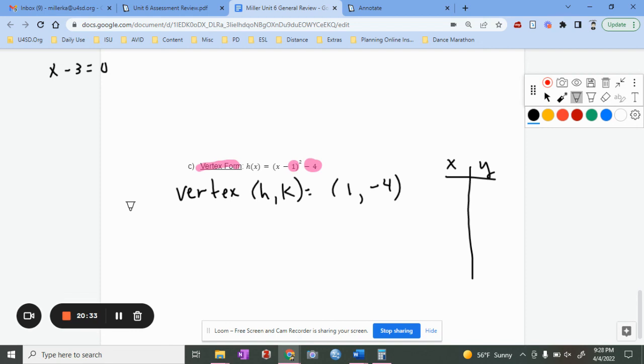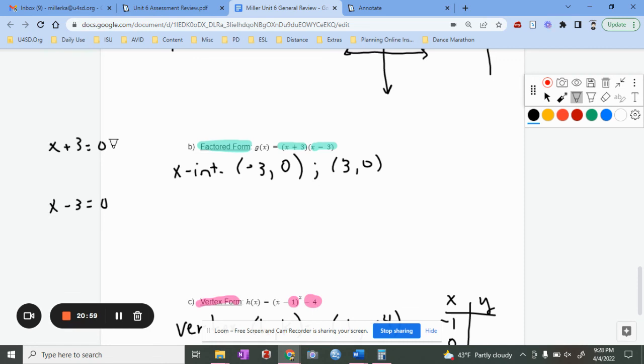So if I were to take the time to make a table of values, I might do 0, negative 1, and then 2, 3, and find those values to see if I can figure out where the y is 0. But we don't need to do that at the moment.